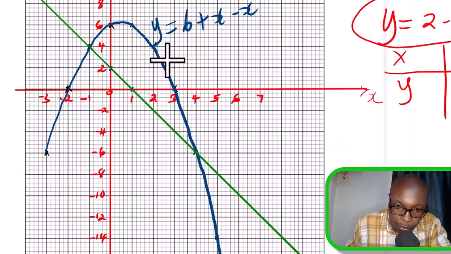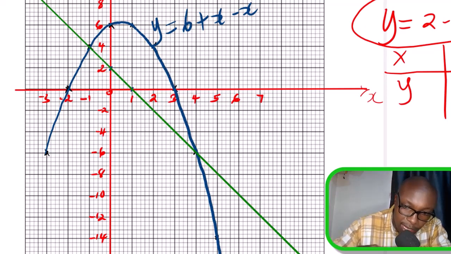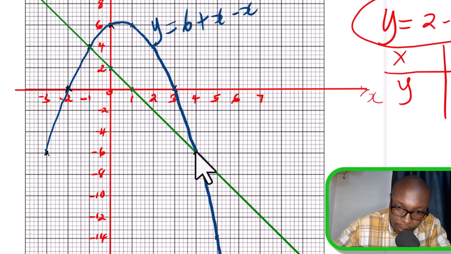You solve them simultaneously, and to do this you normally check where the 2 graphs intersect. They are intersecting at this point. So you read the x-coordinate of this point and this point.